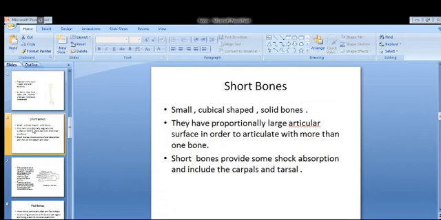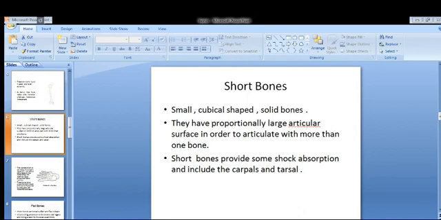Can you see this slide now? Yes, ma'am. Can you just read it for me?